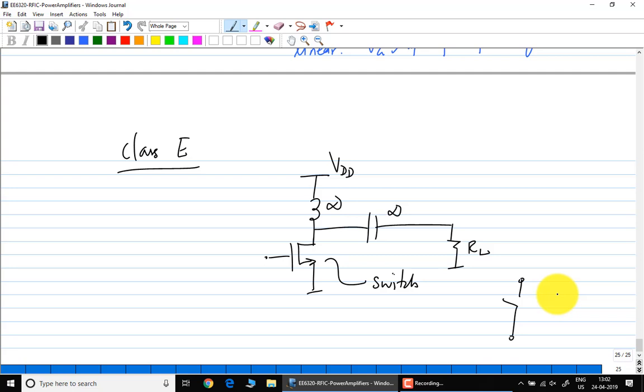So now I am going to modify this. I need extra circuitry to do this. I am not going to show it.